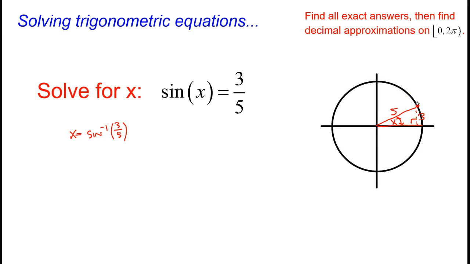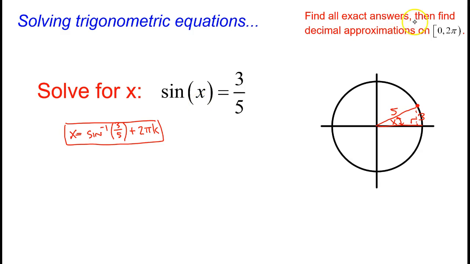I have to consider that this could be plus 2 pi k, where k is any integer. K could be 0, positive 1, negative 1, etc. So x equals arc sine, or inverse sine, of 3/5 plus 2 pi k. That is an exact solution to this equation.